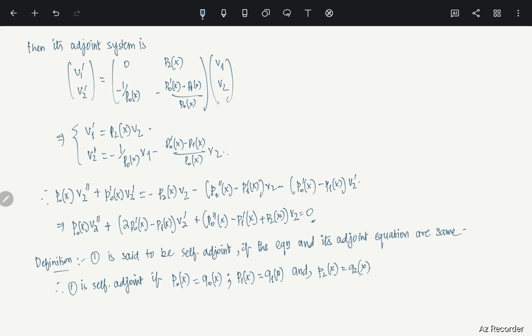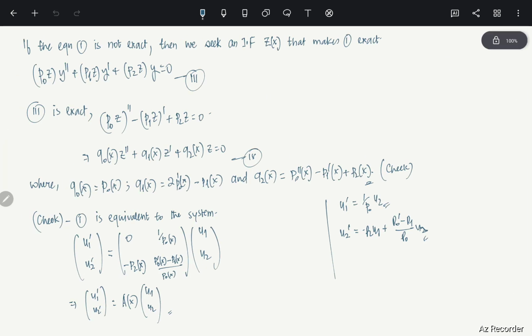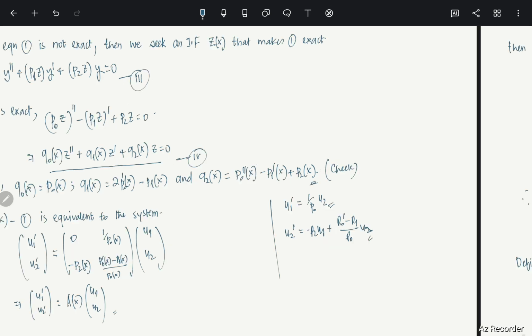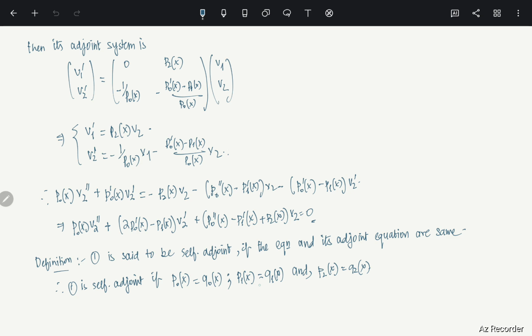Is this okay? See, this is the adjoint equation, the original equation is this. So basically it is P naught is Q naught, P1 is Q1 and P2 is Q2. That has to be the case.